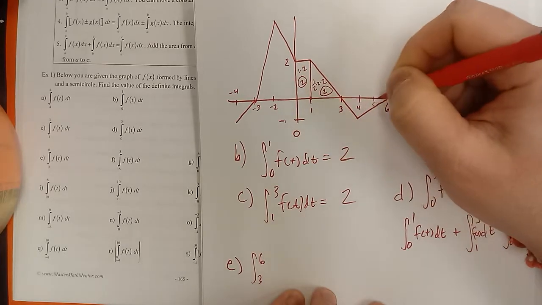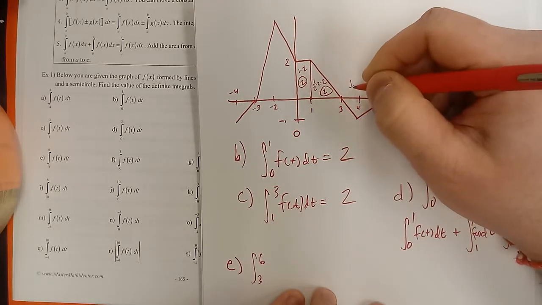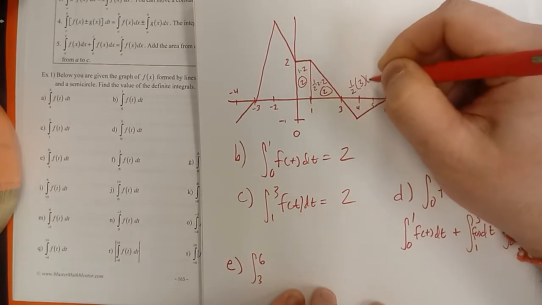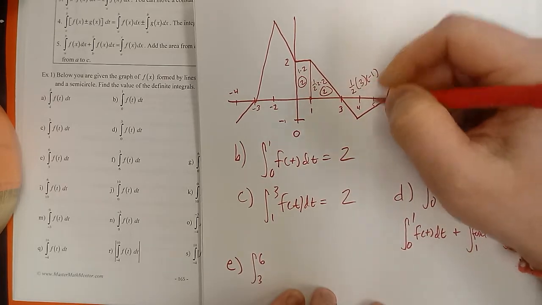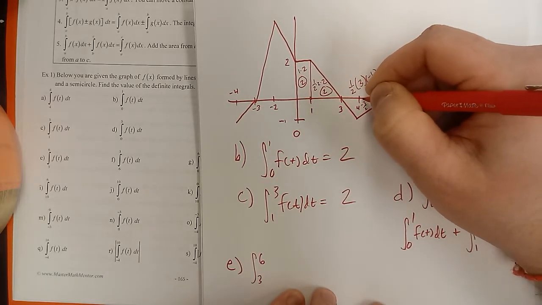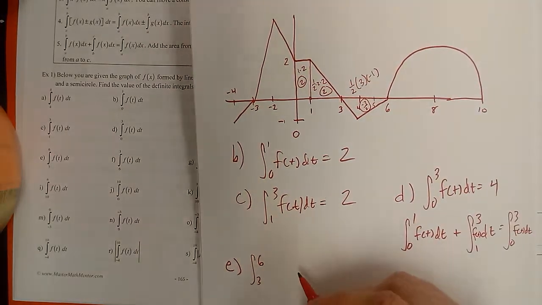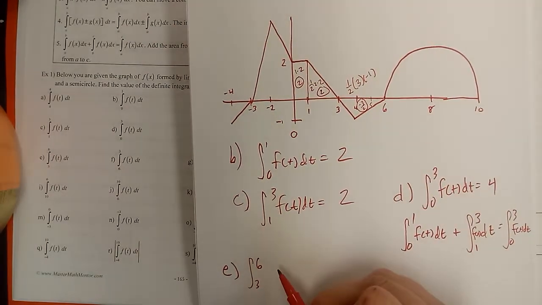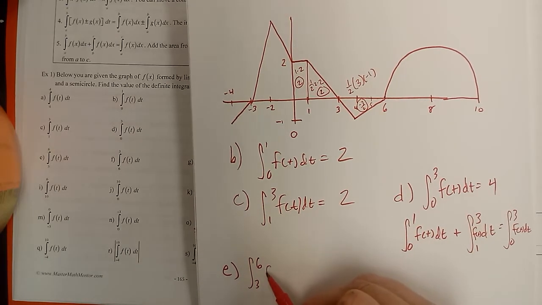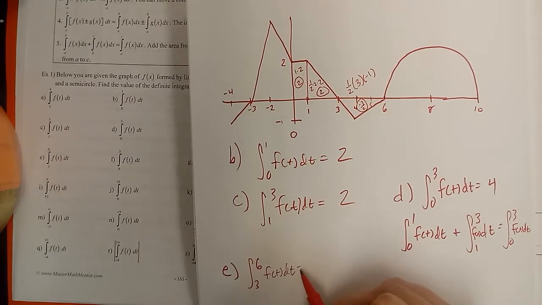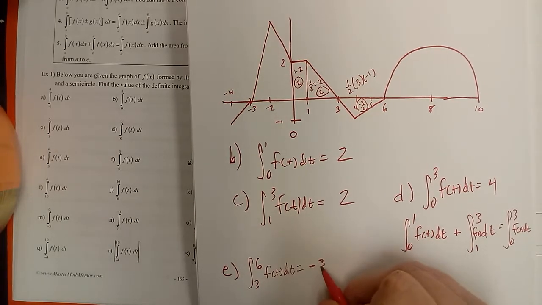So I could say the area of this triangle right here is 1/2 times 3 times -1, which is -3/2, or -1.5 if you want to do that. So, oops, I didn't finish writing this. Whatever. F of t dt. So I got -3/2.